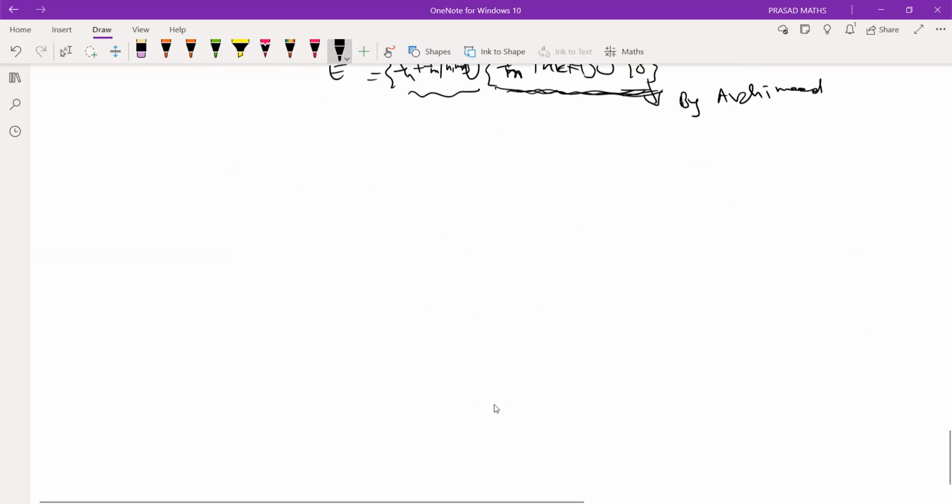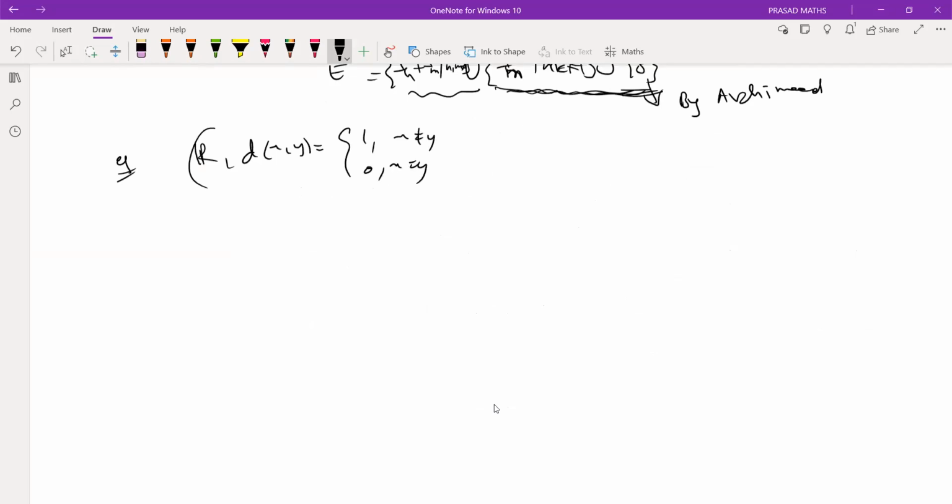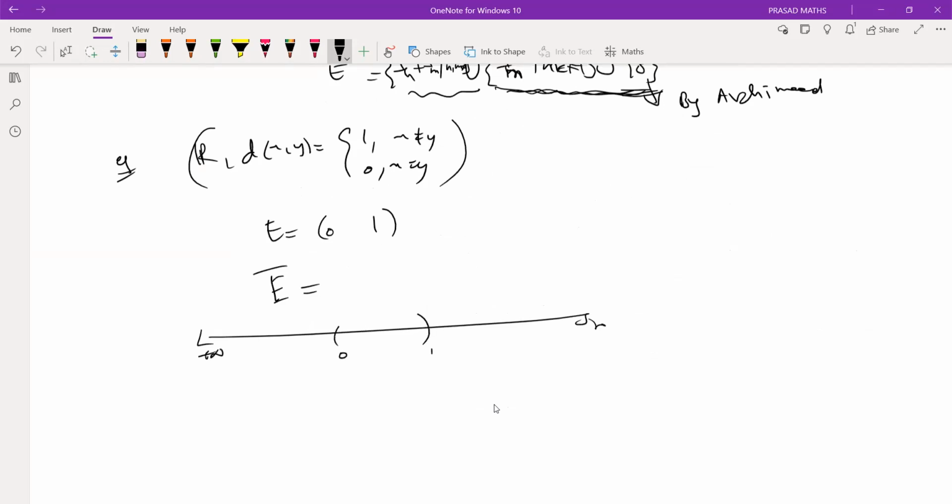Suppose you take R with respect to the discrete topology. Take, for example, the open interval (0, 1), the simplest example. What is the closure of the set? Anybody? E union the derived set.